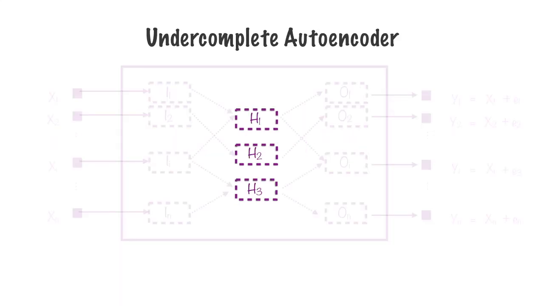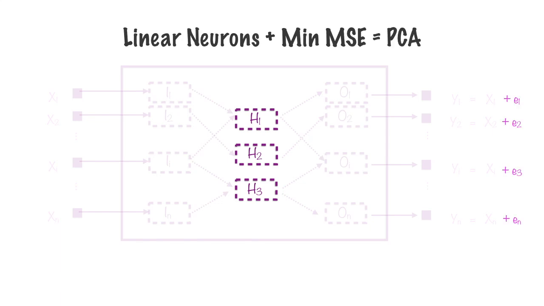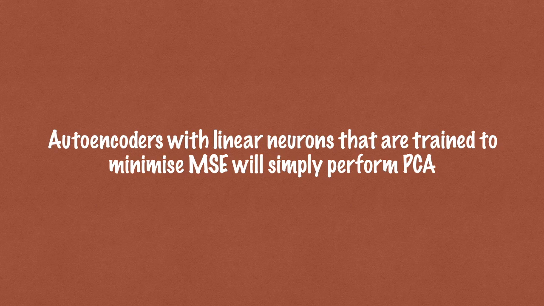One possible design choice could be that your hidden layer has no activation function. Its activation is set to none. The activation is simply the identity function. It simply passes the linear transformation out to the output of the neuron. If you set up an autoencoder using these two design choices that we just spoke of, a linear activation or a linear neuron for the hidden layers and the mean square error as our reconstruction loss, our autoencoder will perform principal components analysis.